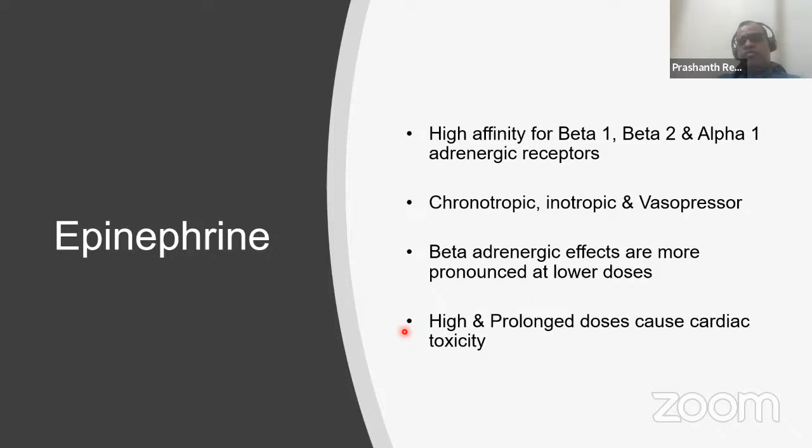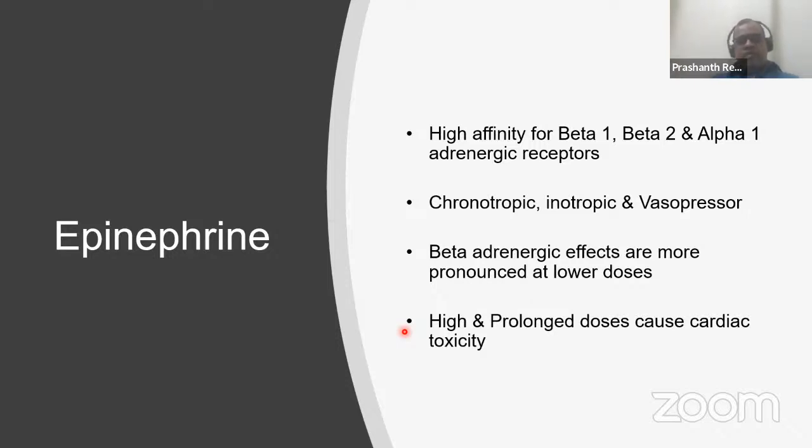Epinephrine is only used when you don't see any response to norepinephrine or vasopressin, or dobutamine for that matter, because it has cardiotoxicity. It has been shown to cause myocardial necrosis with higher doses and prolonged usage.